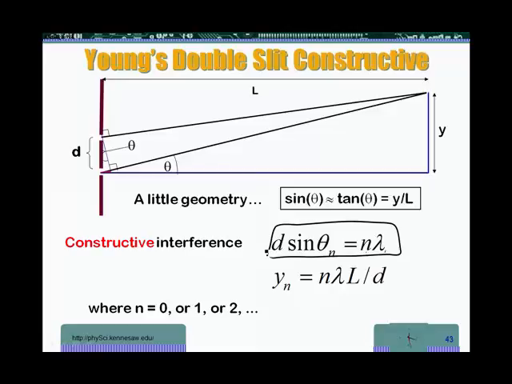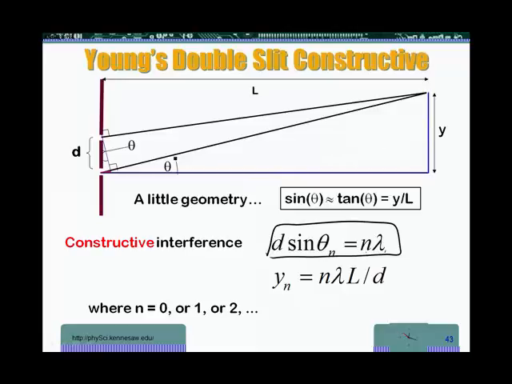Quite often we'll be interested in where on the screen I'm going to have the maxima. And sometimes I'm going to be interested in the separation between two consecutive maxima on the screen. To do that, we are going to also remember a little bit of geometry.